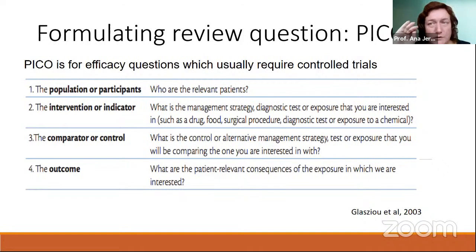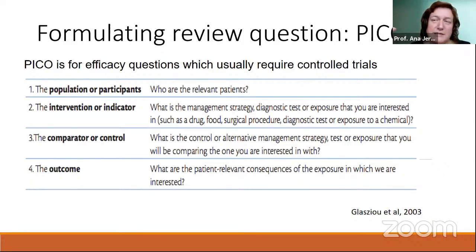It is called the PICO tool, and we use it whenever we need to summarize facts from randomized controlled studies investigating different treatments. We usually define the population or participants that we are interested in, intervention, comparator, whether placebo or active treatment, and outcome.